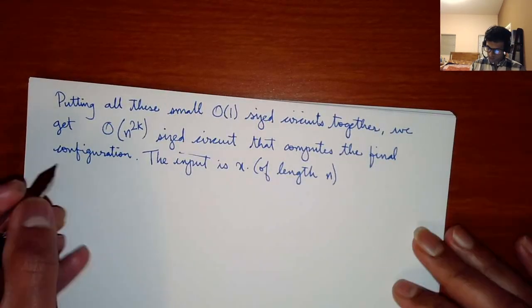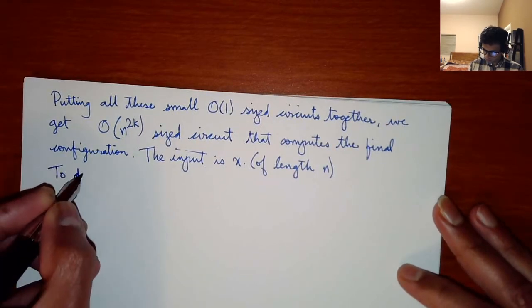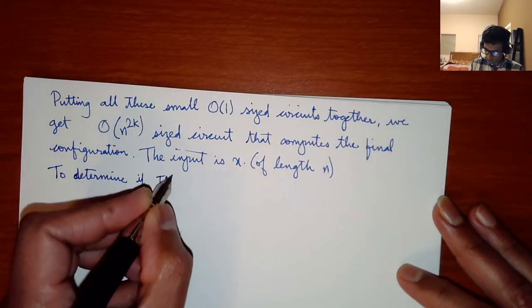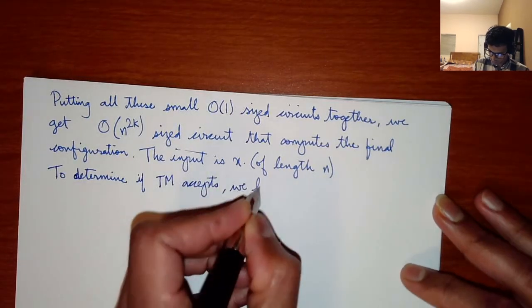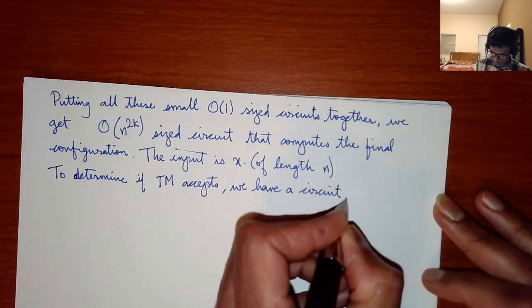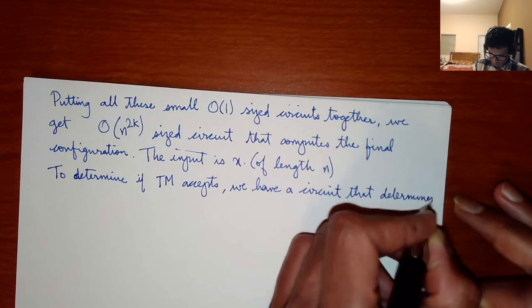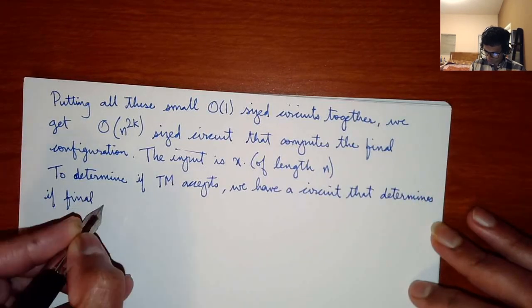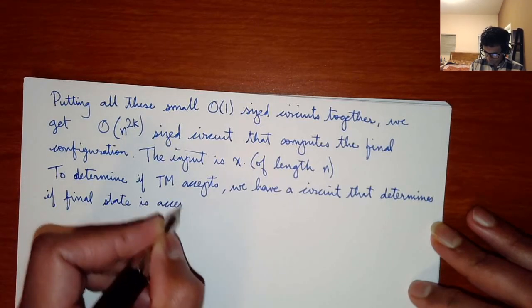And of course, to determine if the Turing machine accepts, we have a circuit that determines if the final state is accepting.